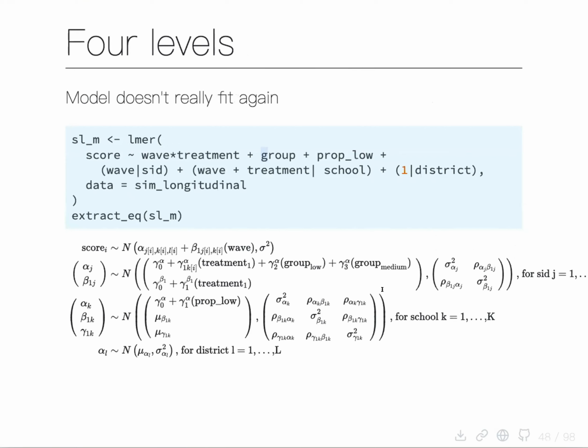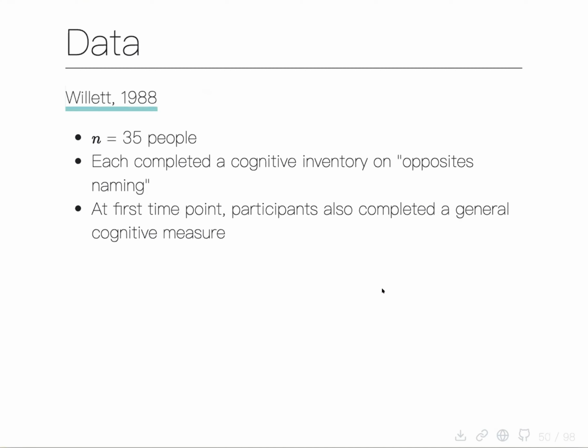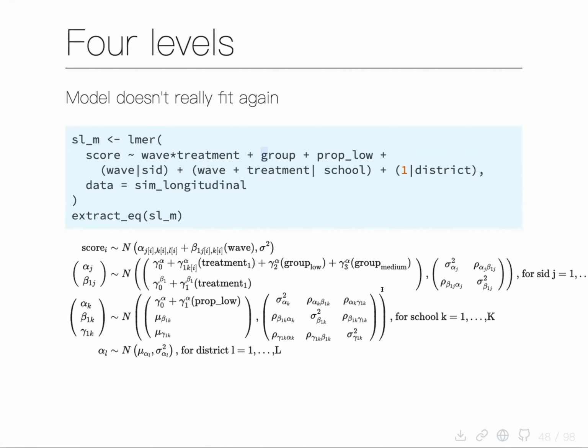And then I would encourage you to try Equatiomatic and extract EQ and see if you can understand the models. Okay, as we go forward, I will probably just show you a model and have you use a data set and see if you can fit it. Okay, and it'll just be a quick, go ahead and try to fit this model, and then we'll go over how to do it as a class.